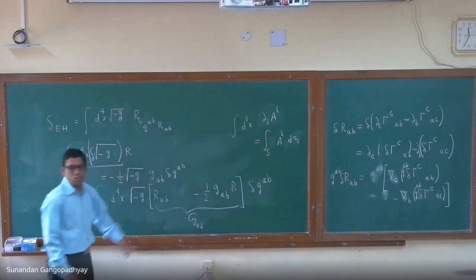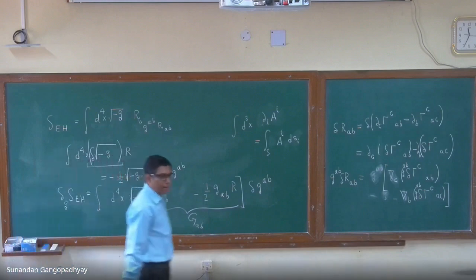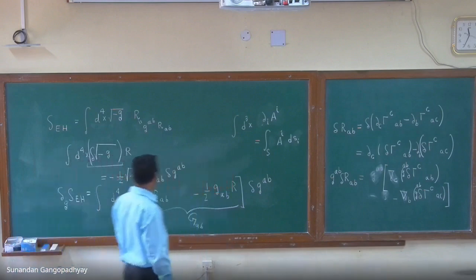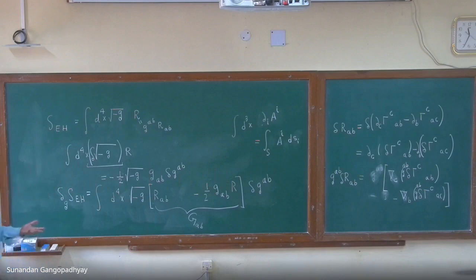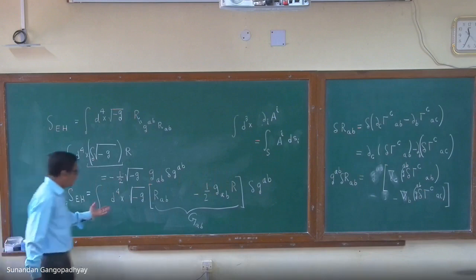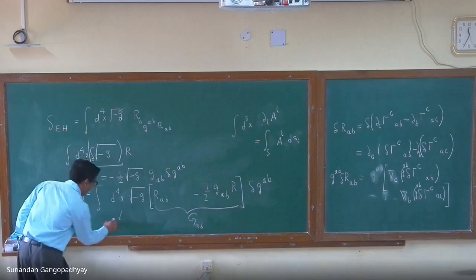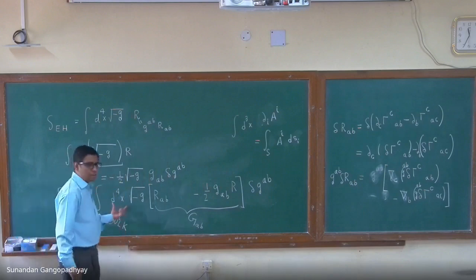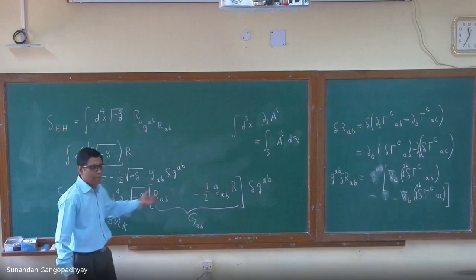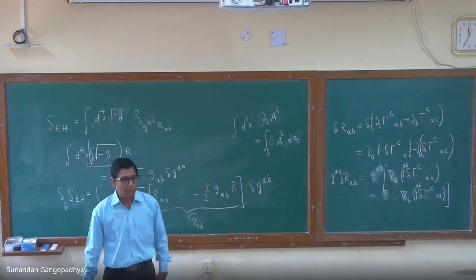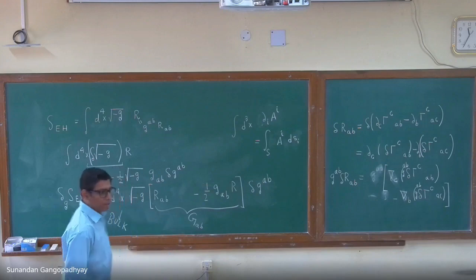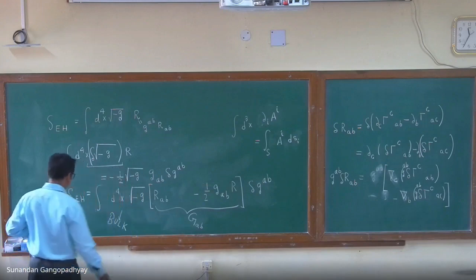You know that this is covariantly conserved. That is the Bianchi identity. So now, as in classical mechanics, this term I call the bulk term, because this is the volume integral. And the surface term we have got rid of by imposing appropriate boundary conditions.